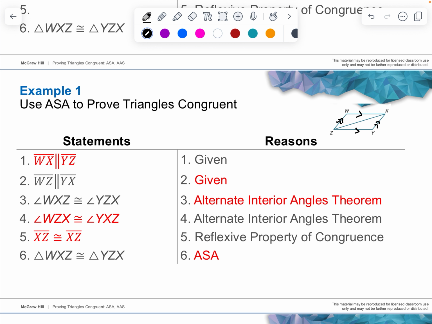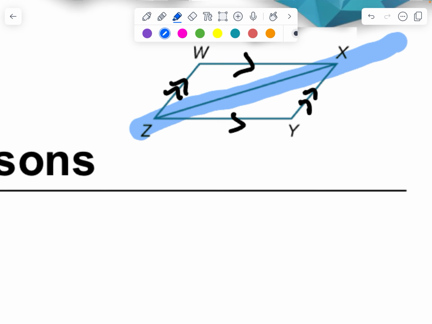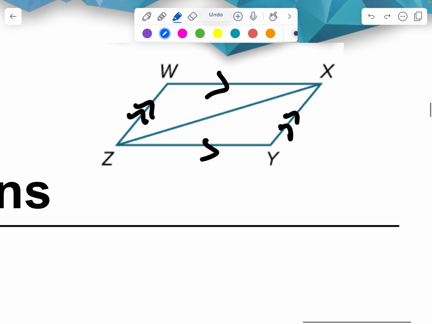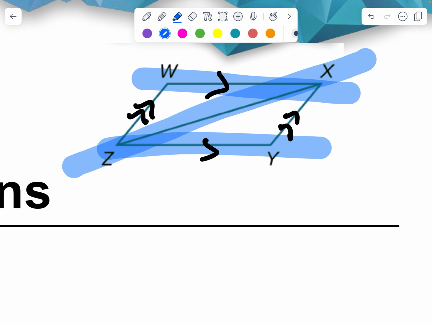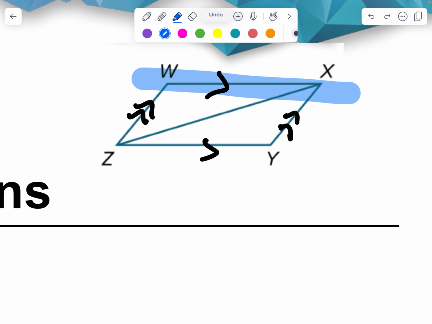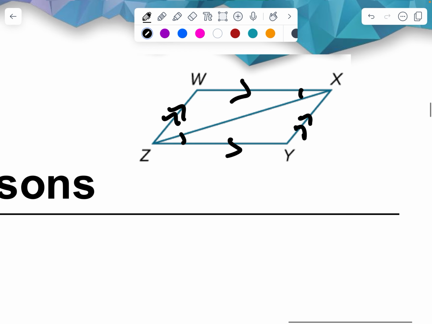And then, because of parallel lines, we're able to get some alternate interior angles because this guy right here is a transversal, okay? So if you can imagine, hopefully you found this, but if you've got this set of parallel lines with this transversal, that would mean that these angles are now congruent.